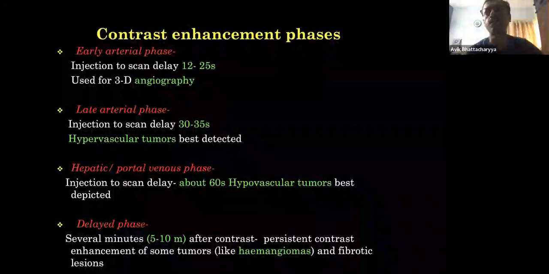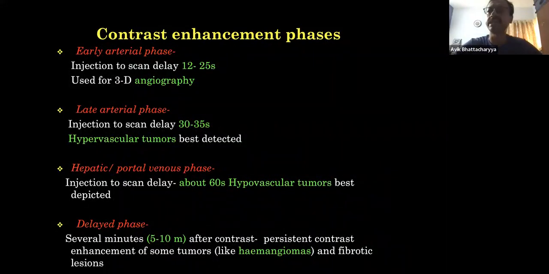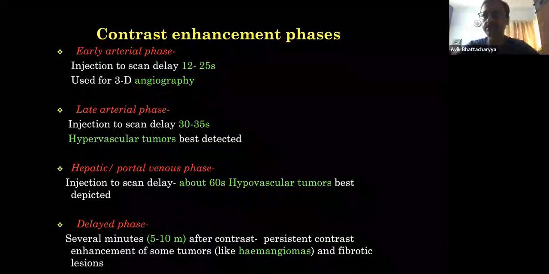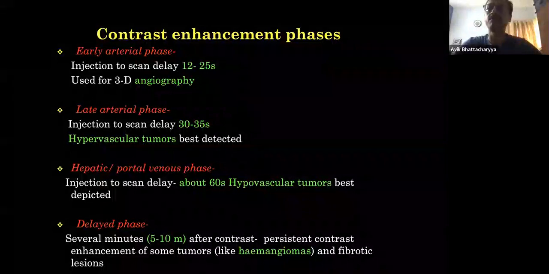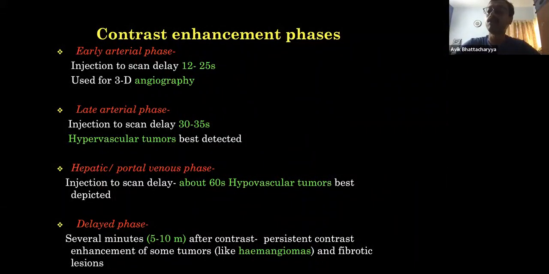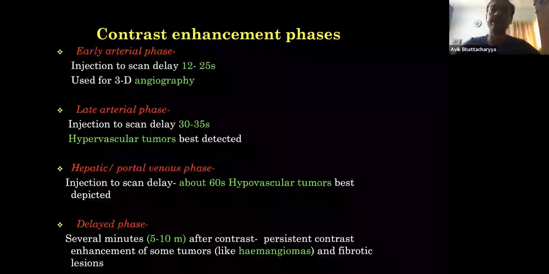We just have to calculate and fix the protocol, and the rest the machine will do. So if I start giving a patient contrast at 5 ml per second and we have to give him 100 ml of contrast, that means the contrast will go for 20 seconds.